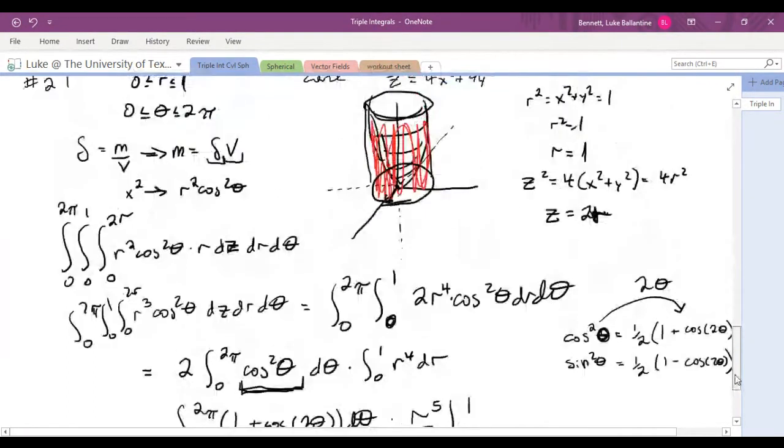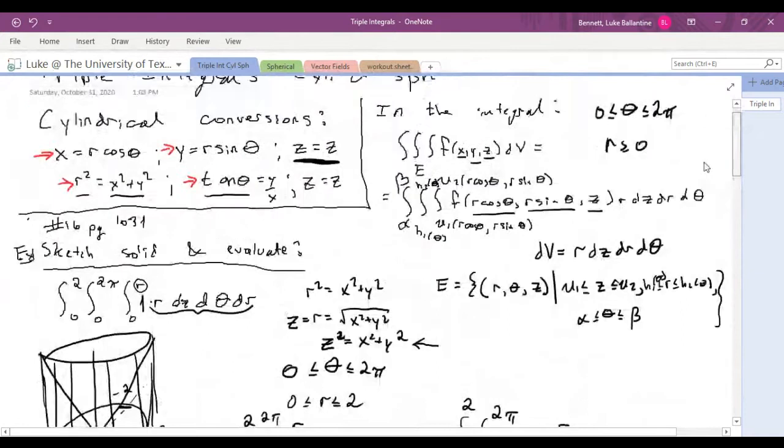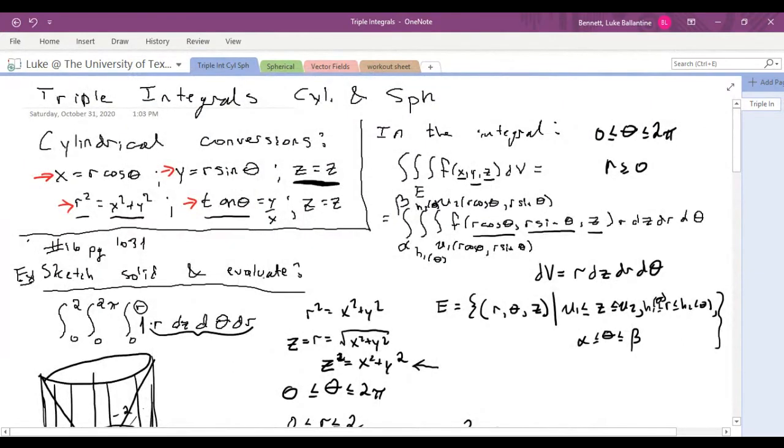Okay, so to recap over cylindrical, we have our conversions. And then dV magically at this point, because I guess I got it out of the curriculum, turns into r dz dr d theta, and then we make the proper substitutions in the integral.